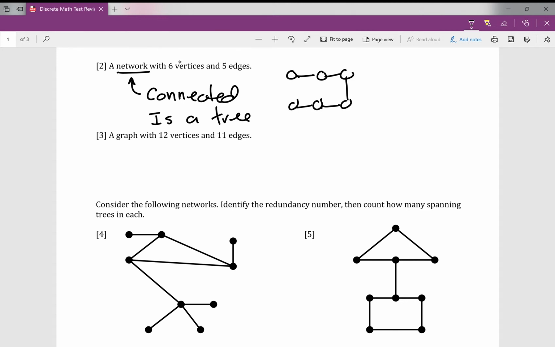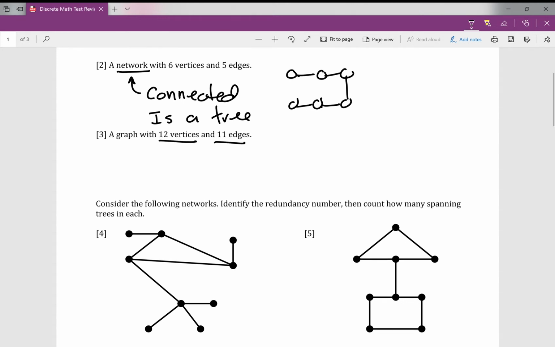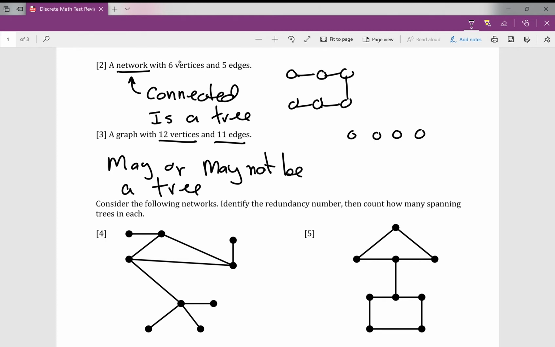A graph with 12 vertices and 11 edges may or may not be a tree, and this depends on how you draw it out. We have our 12 vertices.